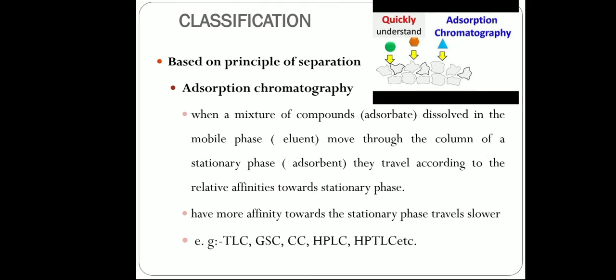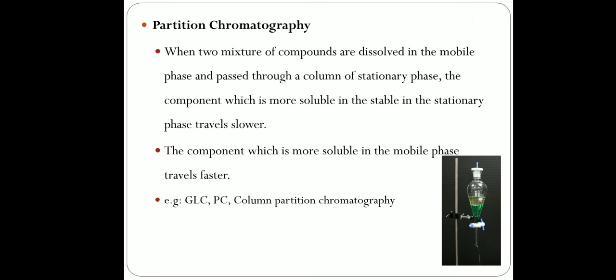And in case of partition chromatography, the components get separated depending upon the partition coefficient. The component which is more soluble in the stationary phase travels slower, and the component which is more soluble in the mobile phase travels faster.